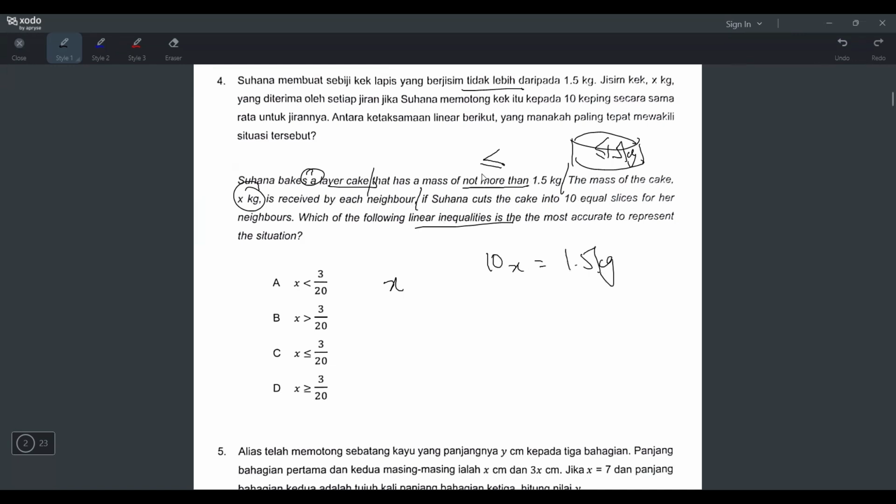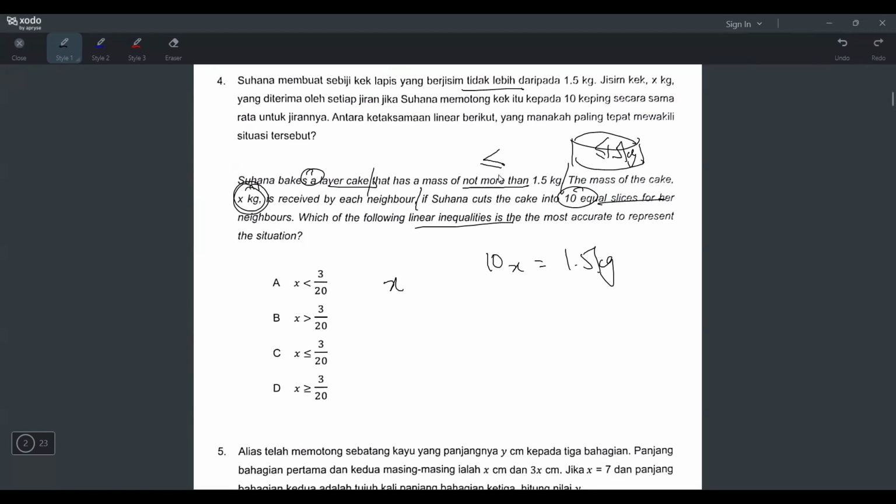Is it true if I write like this? Okay, because x is the mass of the cake, right? Received by each neighbor. Okay, okay. Yeah, correct lah, correct lah. Because x is the mass of the cake received by each neighbor if Suhana cuts into 10 equal slices.